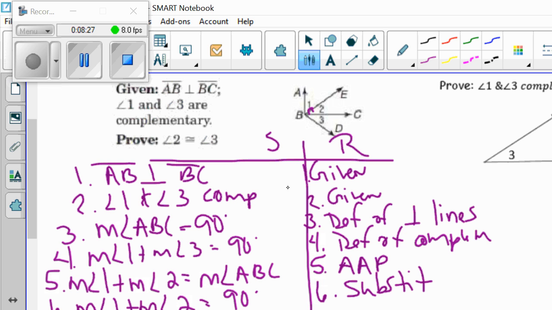I need to get angle 3 in my proof now. If I go back up to number 4, I'm going to rewrite number 6. I'm going to replace 90 with the measure of angle 1 plus the measure of angle 3. So then I get measure of angle 1 plus measure of angle 2 equals, I'm going to replace 90 with the measure of angle 1 plus the measure of angle 3. Again, this is a substitution.